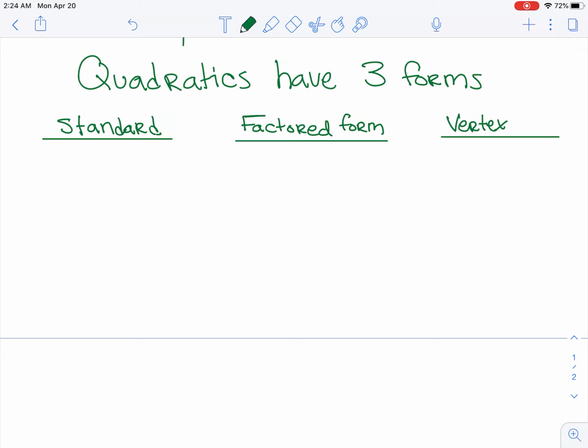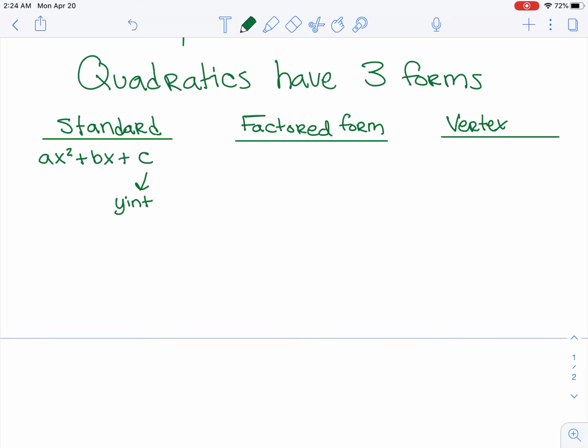Okay, so we started with factored form in January. We then went to standard form in February, and then we did vertex form all through March and in our distance learning. So I'm going to write the formulas for that. Standard form is ax squared plus bx plus c, where c is my important point.